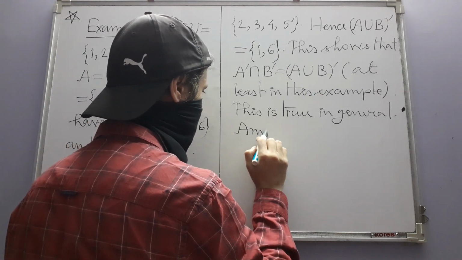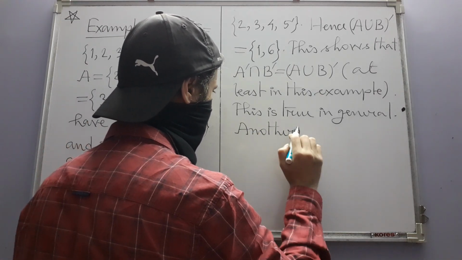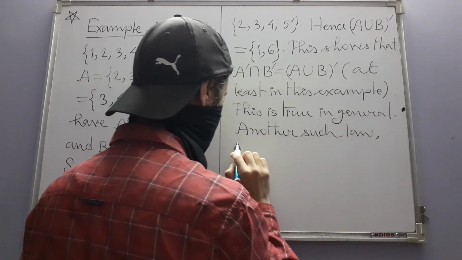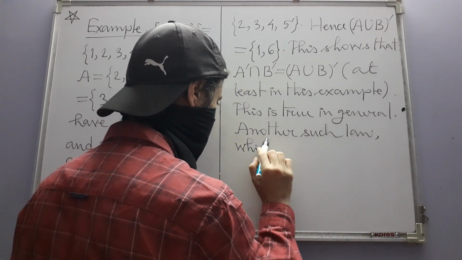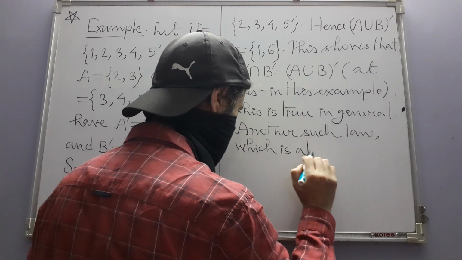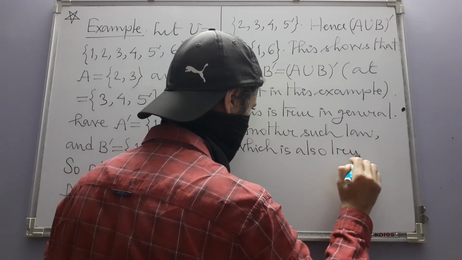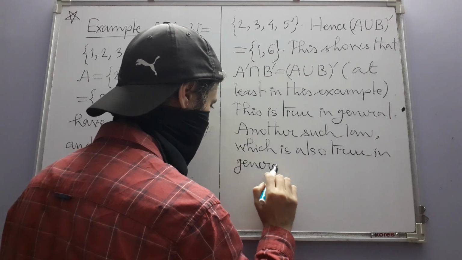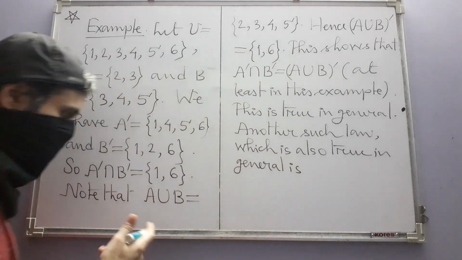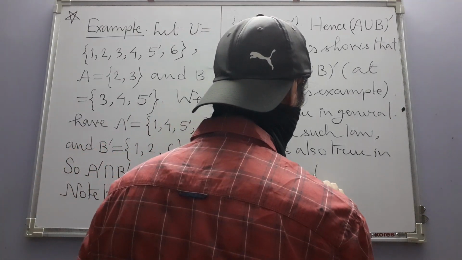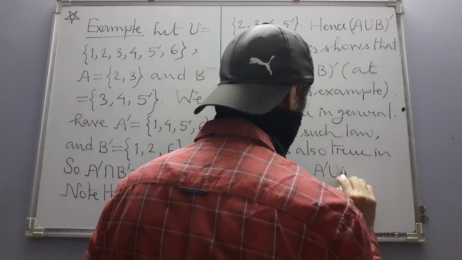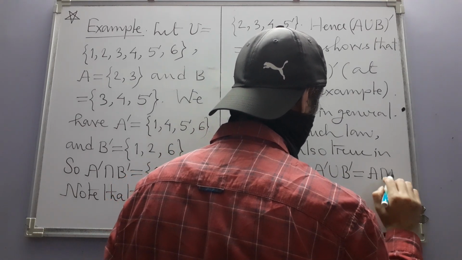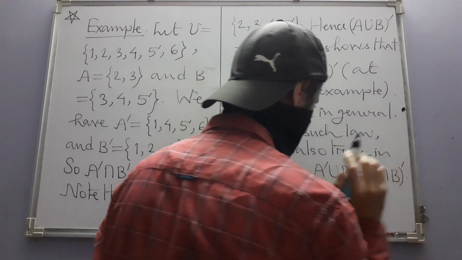Another such law which is also true in general is this: A complement union B complement equal to A intersection B complement.